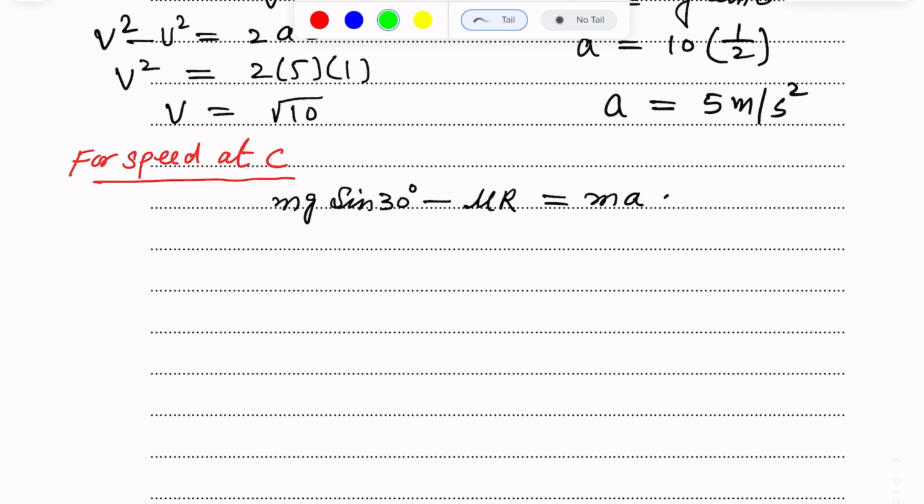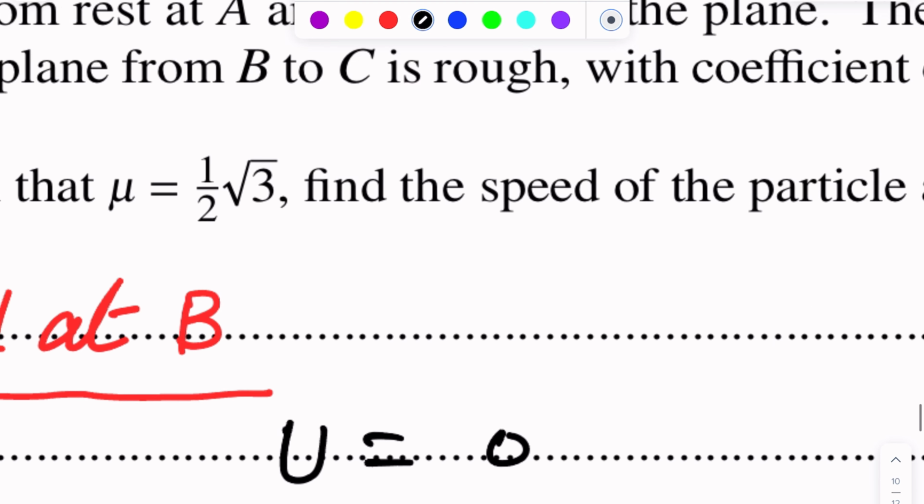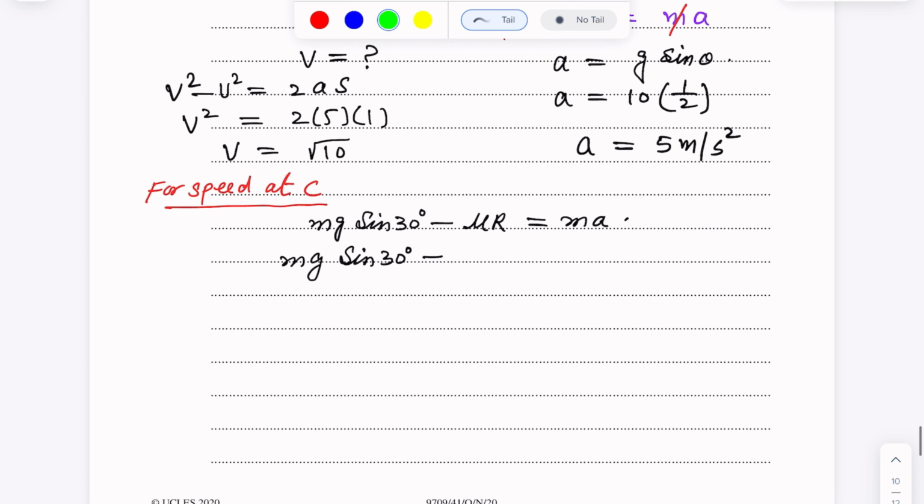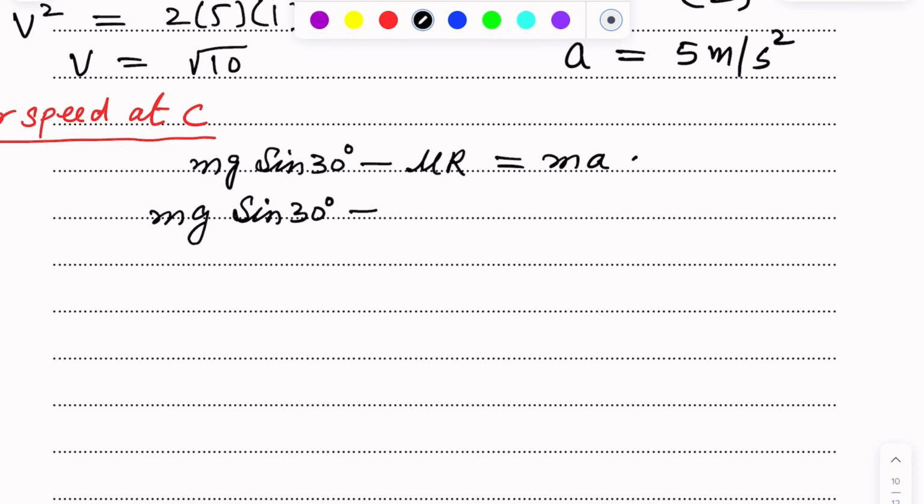So mg sin 30 degree minus mu, which is given in the question as 1 over 2 root 3, and R is mg cos 30 degree, is equal to ma.